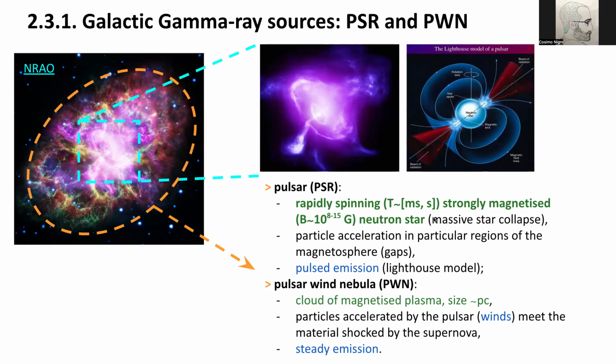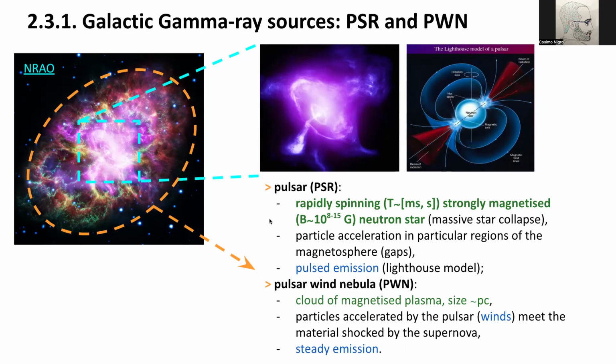So inside you have a neutron star that is spinning very rapidly, and we will see how we can determine with gamma rays the signal of the spinning star. You have particle acceleration in the regions in the magnetic field generated around this star, and pulsed emission. And this pulsar is driving winds of accelerated particles that are interacting with the clouds of magnetized plasma around the source.